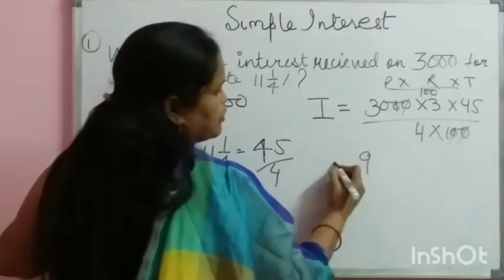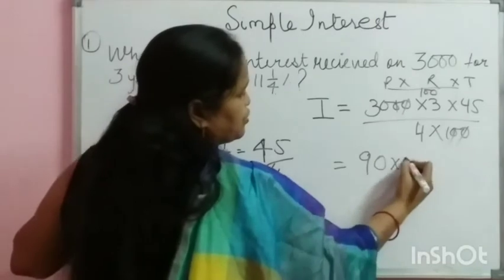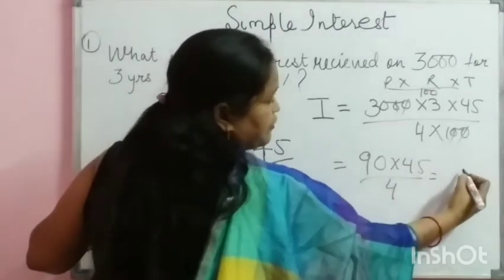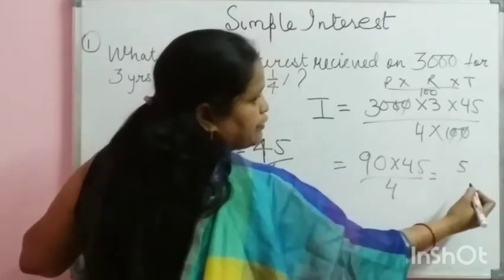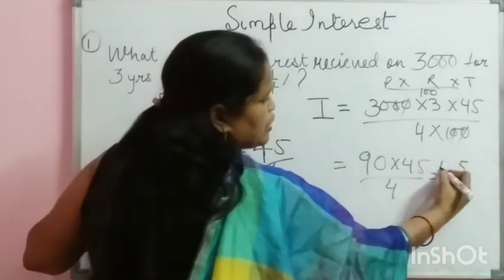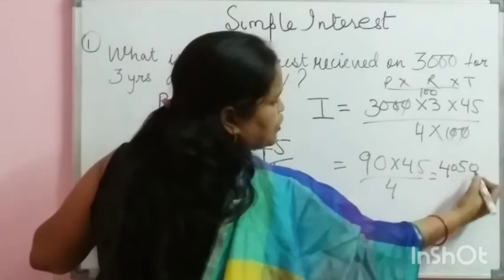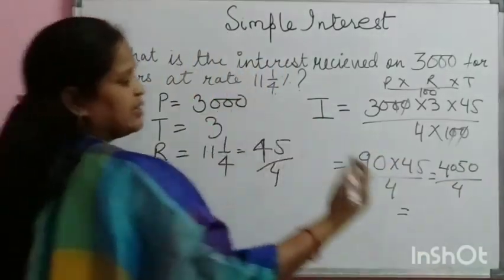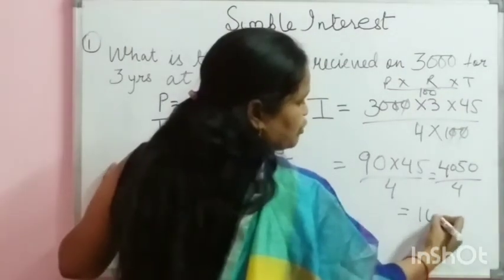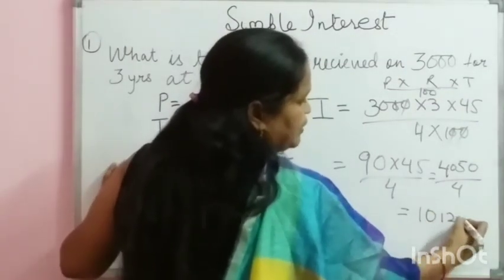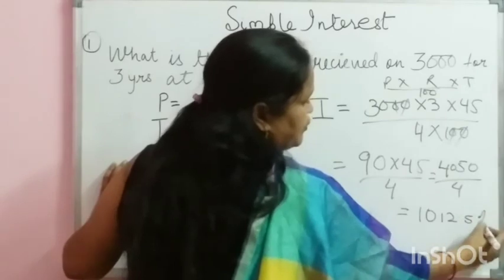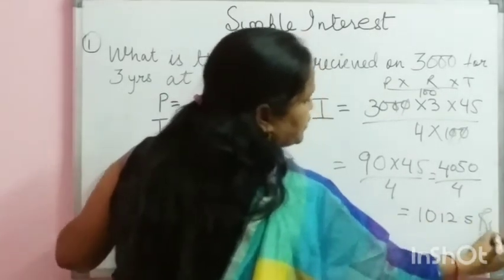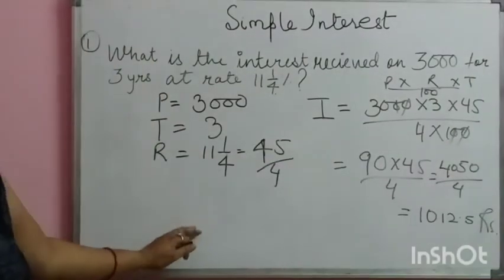So this equals 90 into 45/4. 9 fives are 45, 9 fours are 36 plus 4 is 40, 4050 upon 4. This will give you the answer in decimal form, that is equal to 1012.5. Sorry, this is interest. So this is rupees. ठीक है.